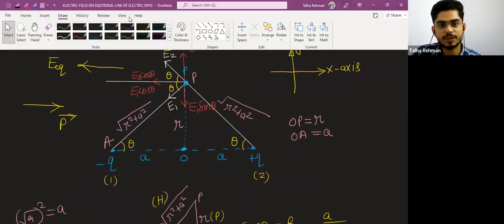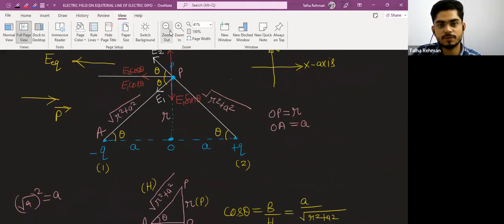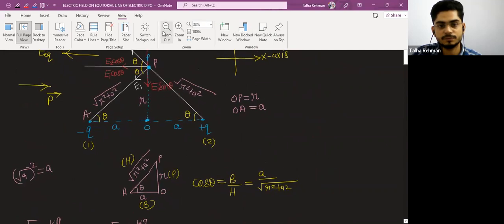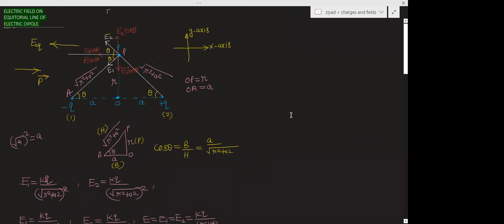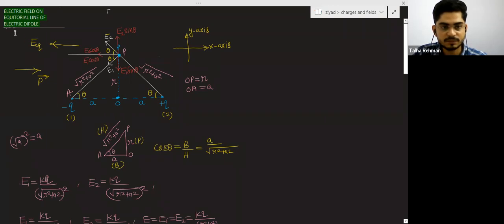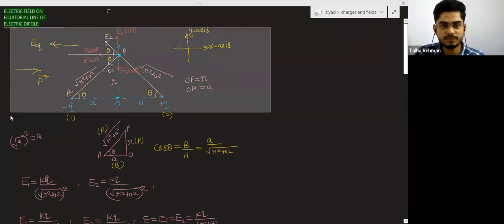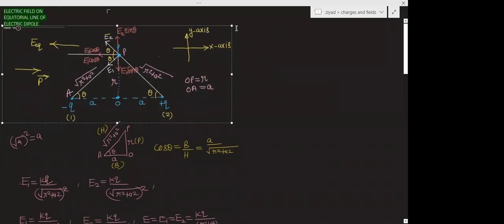I'm just zooming it out a little bit so as to cover more area. Is it fine now? You can note it down easily now. This figure is looking a little bit complex, but when you solve this, it will become easy for you. I can zoom it.